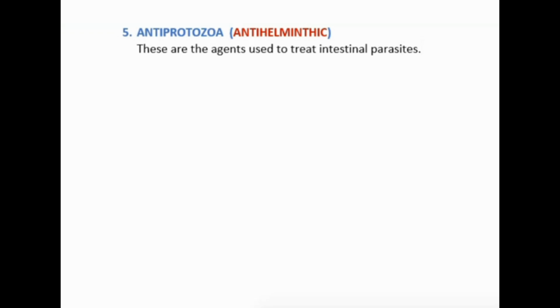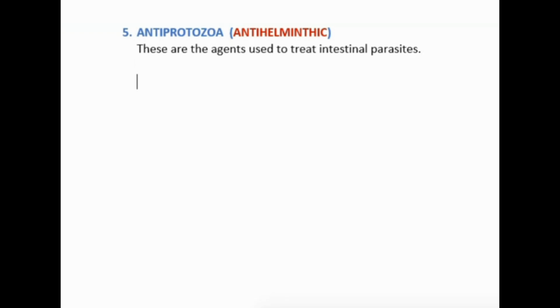So antiprotozoa or anthelmintics, these are the agents used to treat intestinal parasites like whipworm, threadworm, roundworm, ascariasis, or giardiasis, or Giardia lamblia. So let us see them one by one.